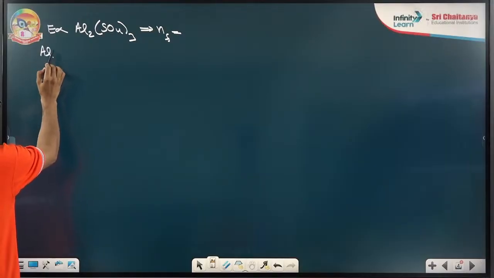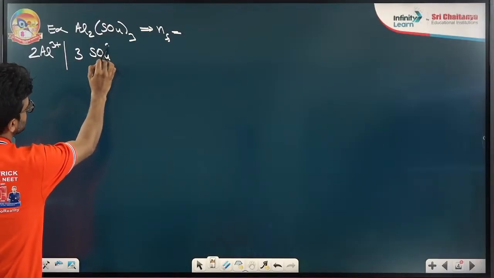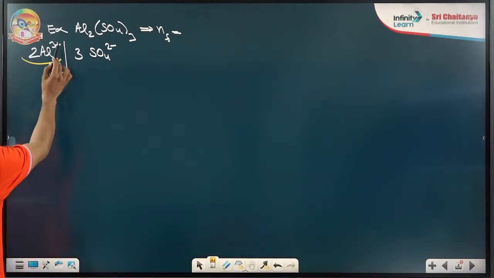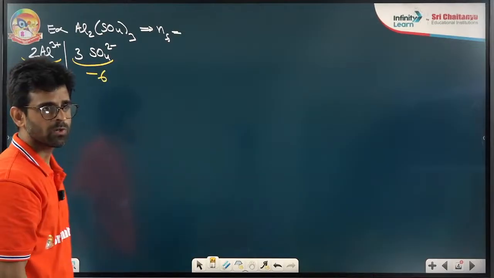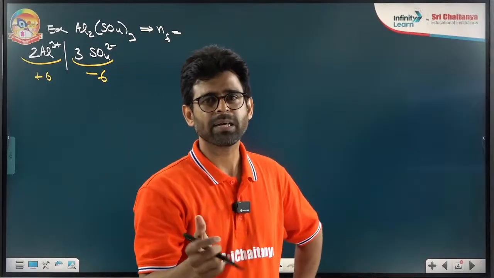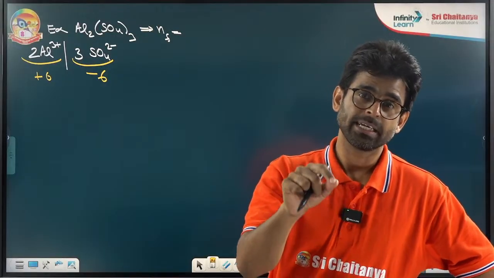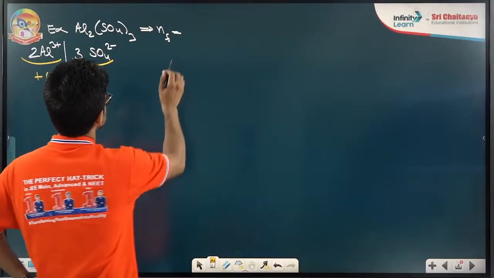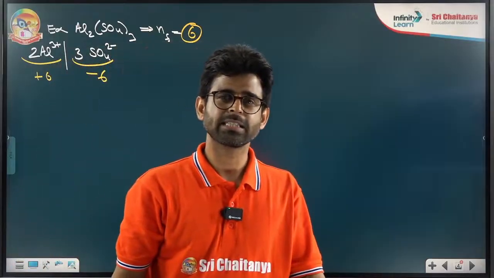I am giving a hint: Al plus 3, 2 of Al plus 3 ions are there, and I have 3 sulfate ions. What is the total charge? Plus 6, and on the anion minus 6. The total charge of cation is plus 6 and of anion is minus 6. So the N factor is 6.